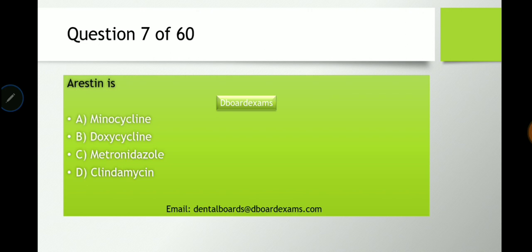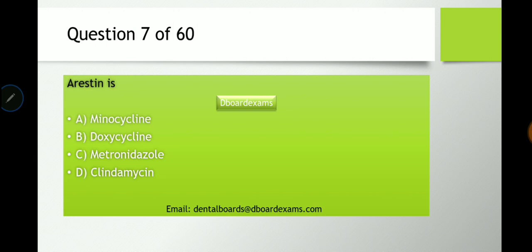Question 7. What is Arestin? Is it minocycline, doxycycline, metronidazole, or clindamycin? Here's a brand name, and of course you have to know the actual name of this antibiotic.